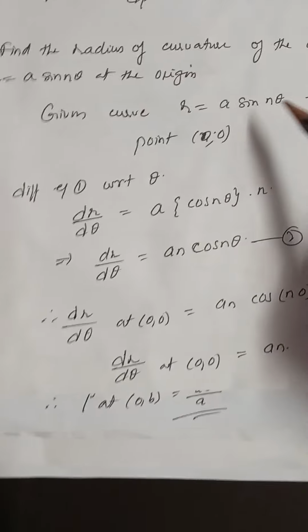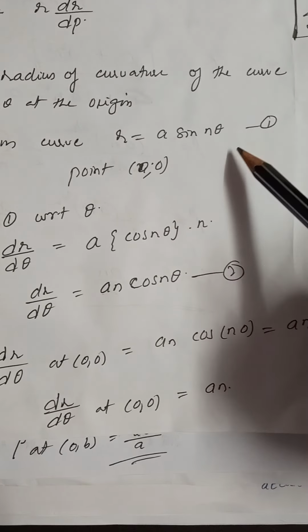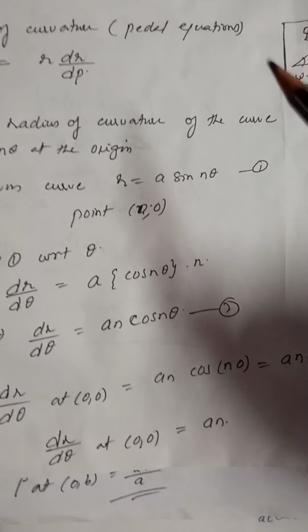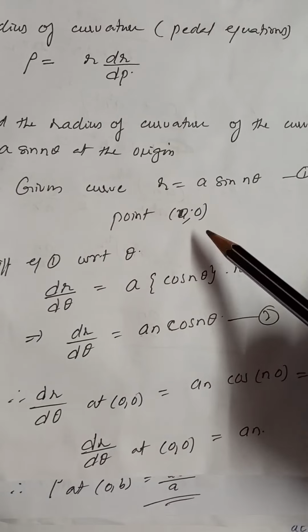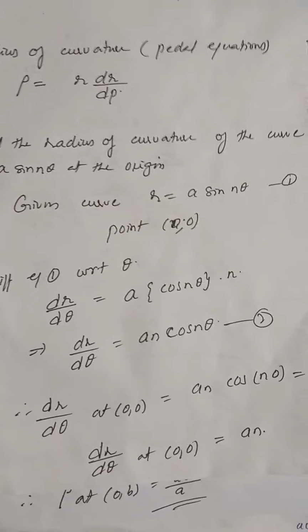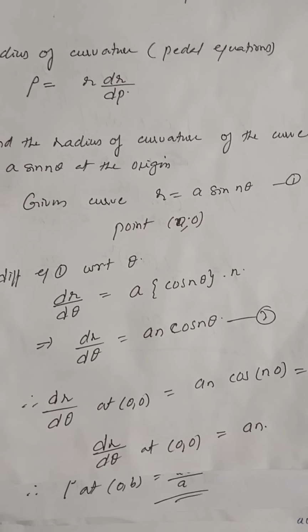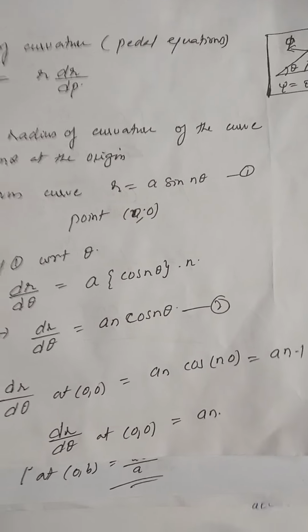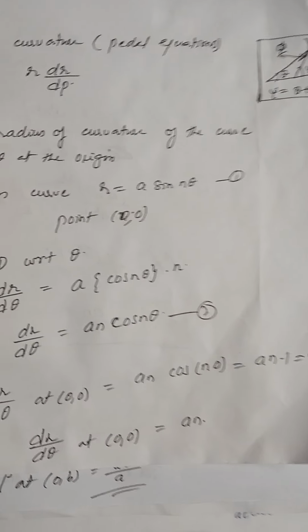Now, the given equation is r is equal to a sin n theta. You call that equation number 1. Now we have to find the radius of curvature at the origin 0 comma 0. First of all, you have to find r1. r1 is dou r by dou theta, right? That is differentiation of sin n theta is cos n theta into differentiation of n theta is n.